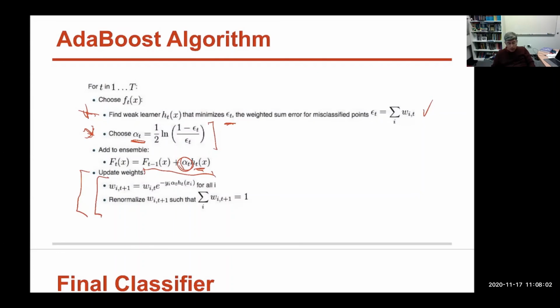The current value of a point is going to be what? It's going to be the old value of the point times something that reflects how good the new classifier did on these points.